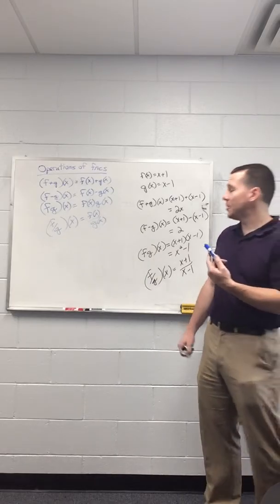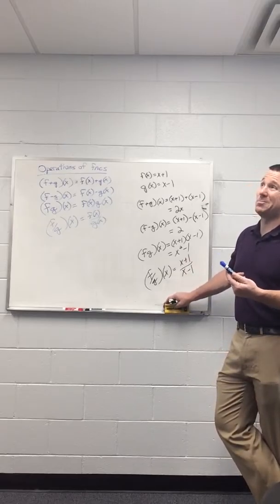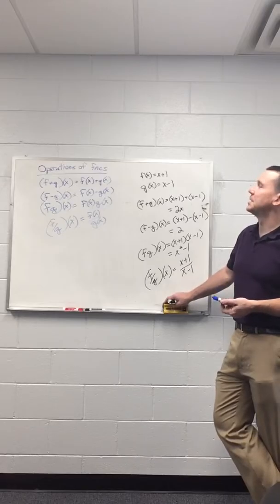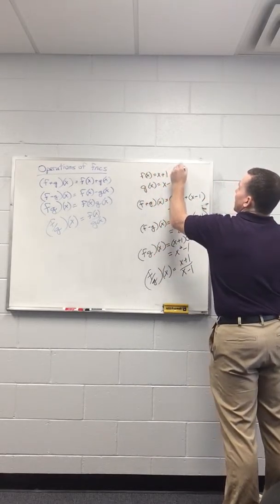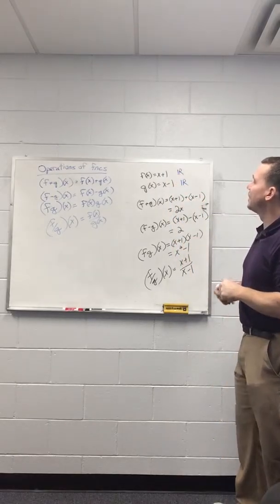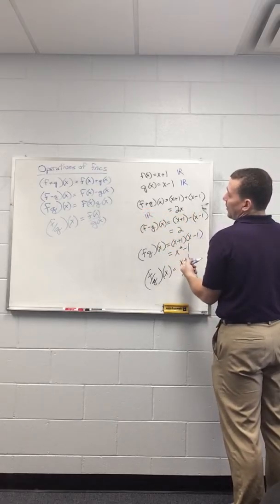But if we recall when we defined functions, there was maybe one thing in particular that we cared about, the domain of our functions. And as it turns out, if you look here, the domain for f is all real numbers. The domain for g is all real numbers. When I do the sum, I get all real numbers.